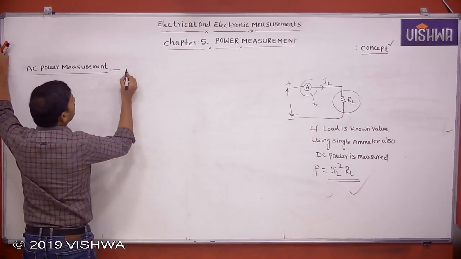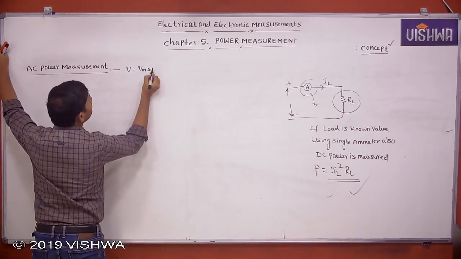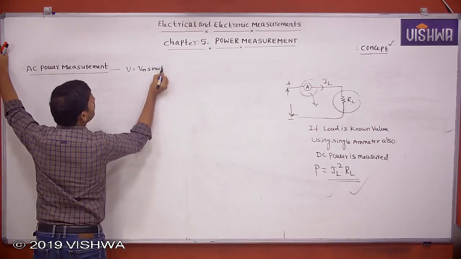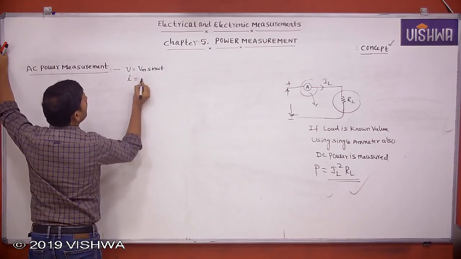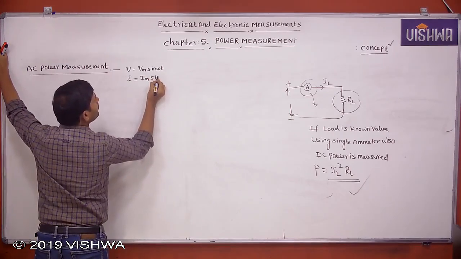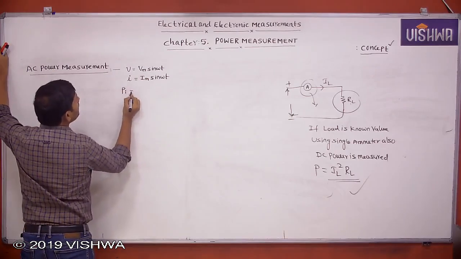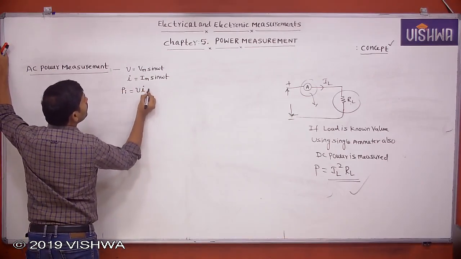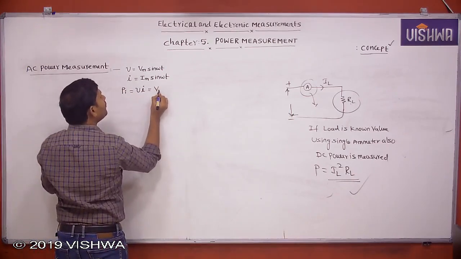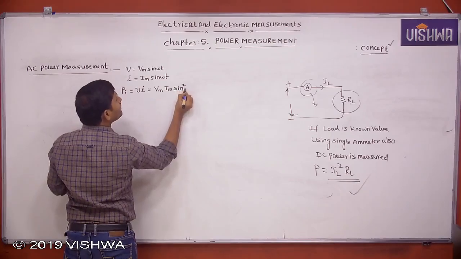For example, V equals Vm sin omega t, then I equals Im sin omega t. Then you tell me what the instantaneous power is. Instantaneous power equals V into I. Then what we get? Vm into Im sin square omega t.